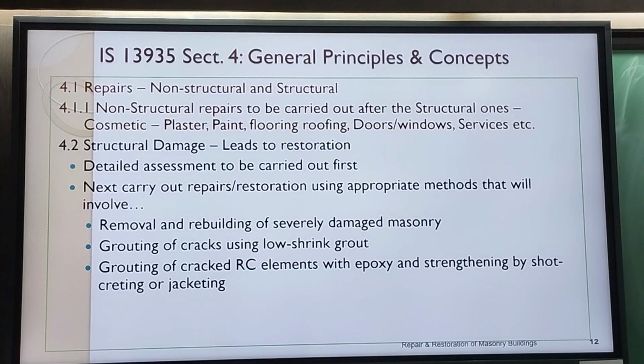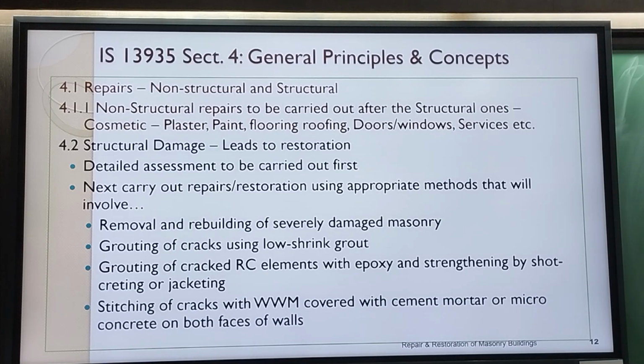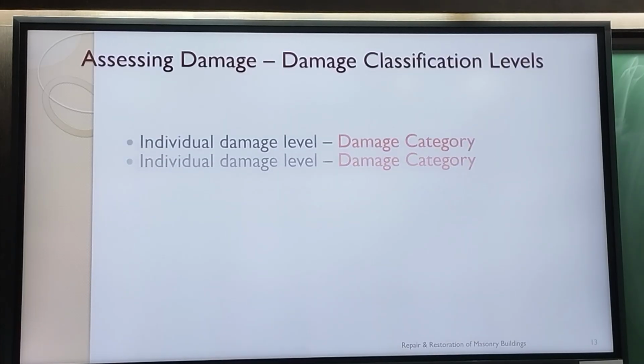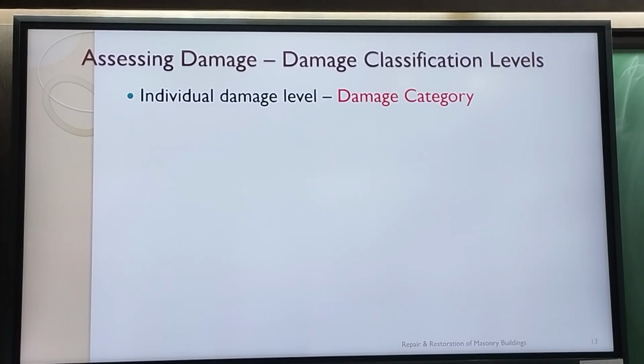And you may have some reinforced concrete or timber elements, which would require different kind of treatment to restore it back. And in this work we use quite extensively the ferrocement elements using the weld wire mesh and rich cement mortar.